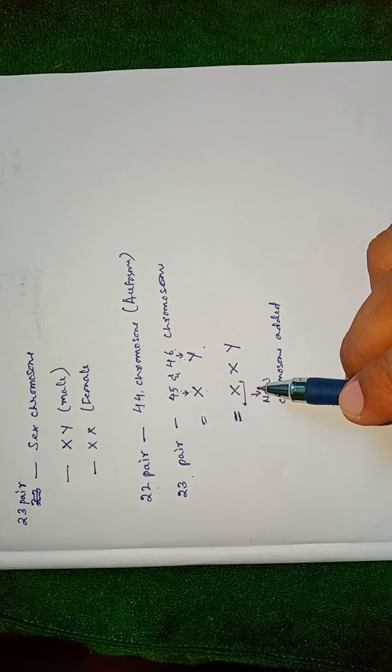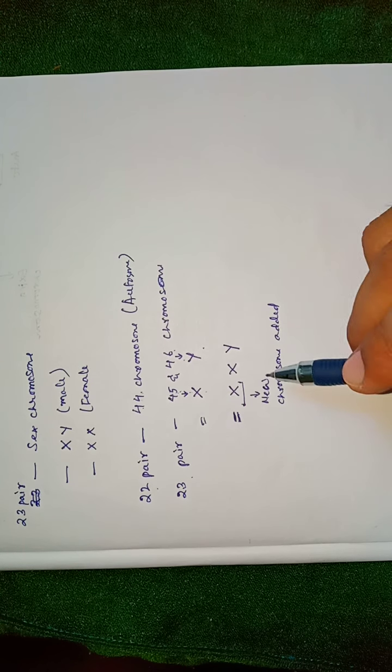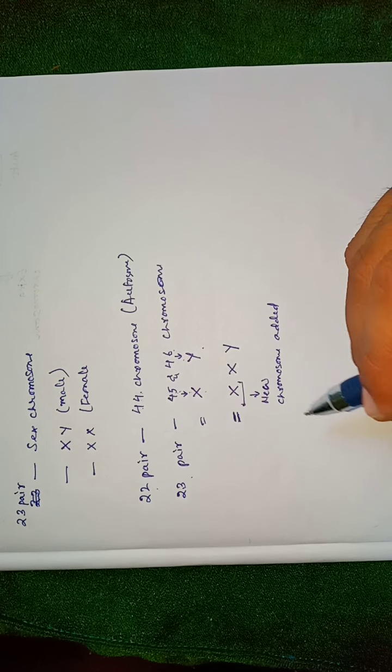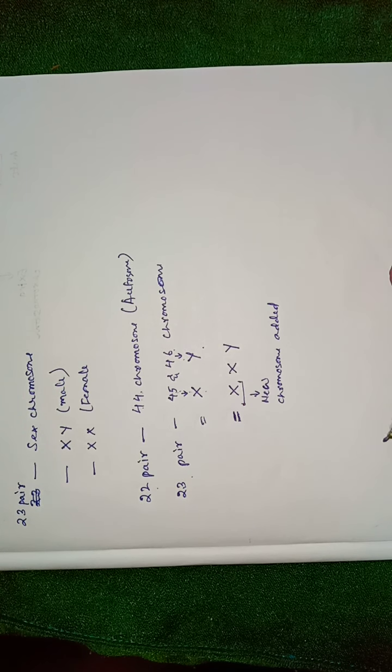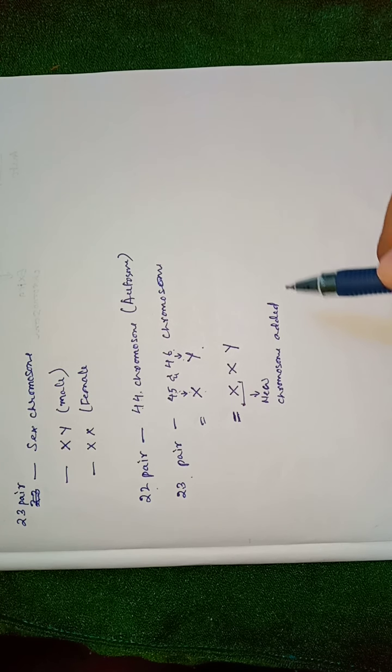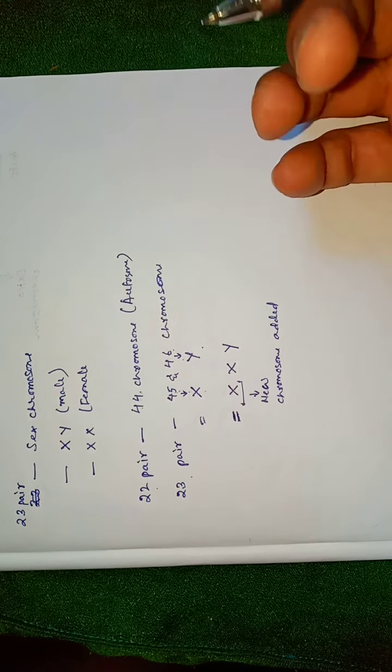Therefore this individual, that is male, will have some characters of female. They will become sterile, that means they cannot reproduce, and they will have development of breast in their body like the female.